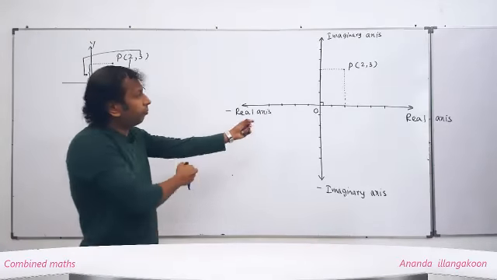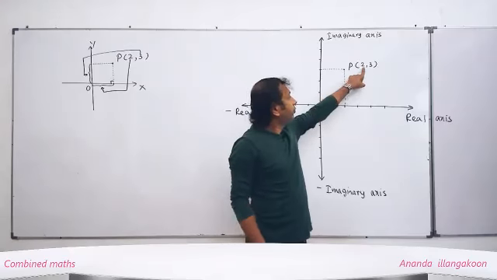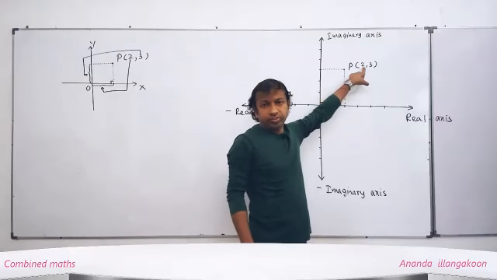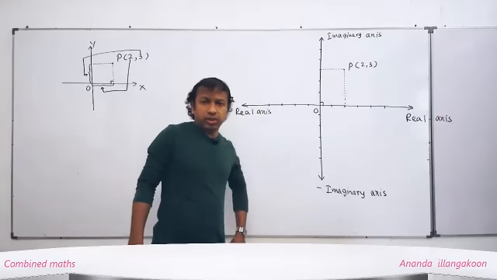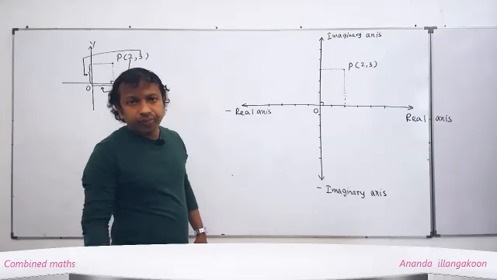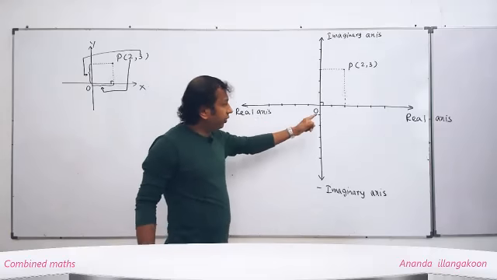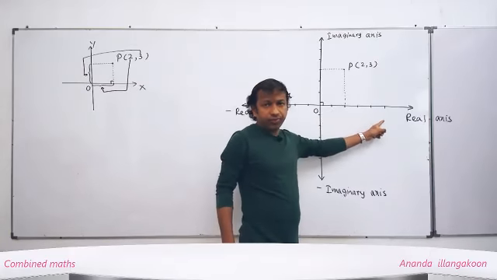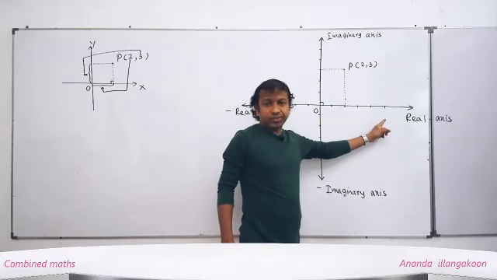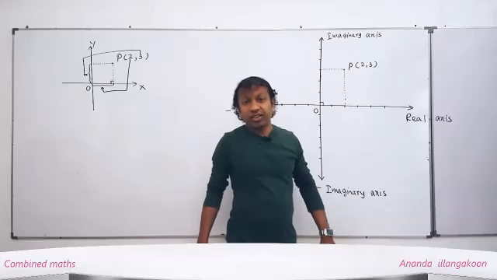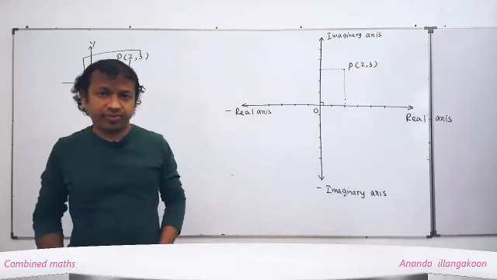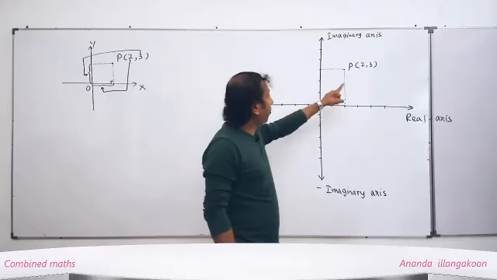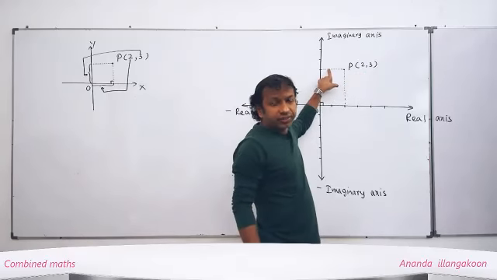Then what is 2? Is it the x coordinate? No. We don't use the word x, because we use the word x when this axis is the x-axis. Now this axis is the real axis. Then this 2 is the real part of what? Of the complex number. What is this 3? Not the y coordinate.